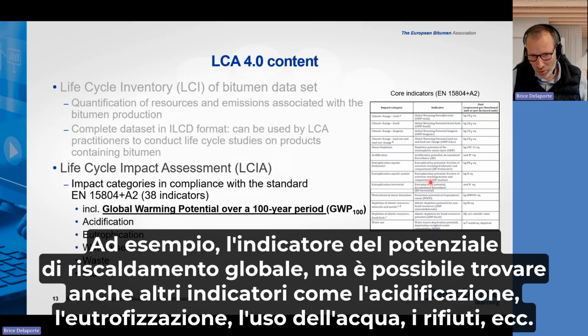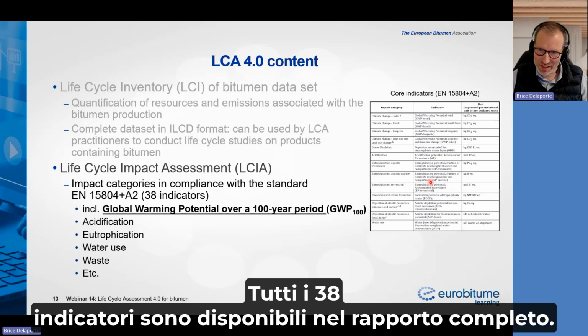So, for example, the global warming potential indicator. But you can also find the other indicators like acidification, eutrophication, water use, waste, etc. All these 38 indicators are available in the full report.